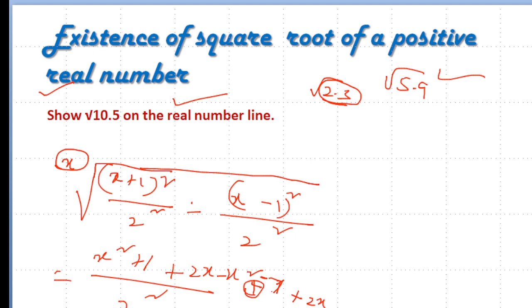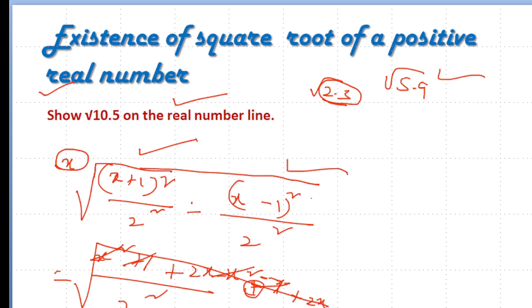Now the x square and the 1 cancel. What remains is the square root of 4x by 4, and the 4 by 4 cancels, so finally root x comes, if we take x plus 1 square and subtract x minus 1 square.